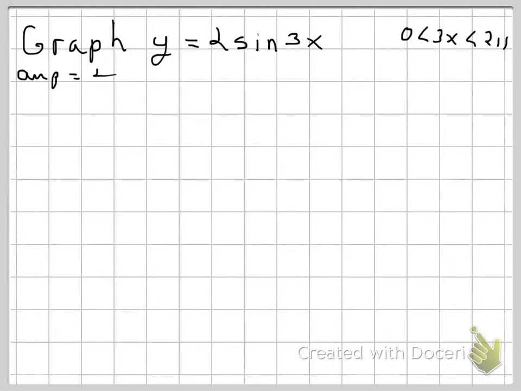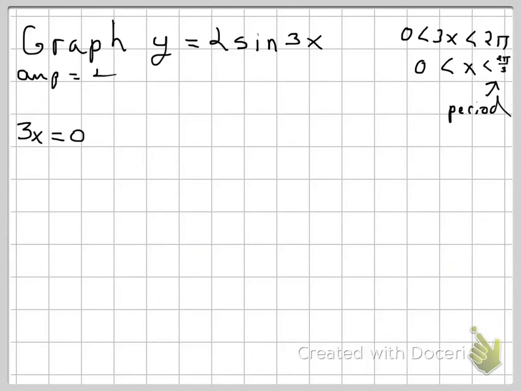Your k is going to be 3, so your period is going to be 2 pi over 3. We divide all sides of the inequality by 3 to isolate that x, so 0 divided by 3 is just 0, 2 pi divided by 3 is 2 pi over 3, and the 2 pi over 3 is going to be your period, so that's how long it takes for this particular graph to repeat itself.